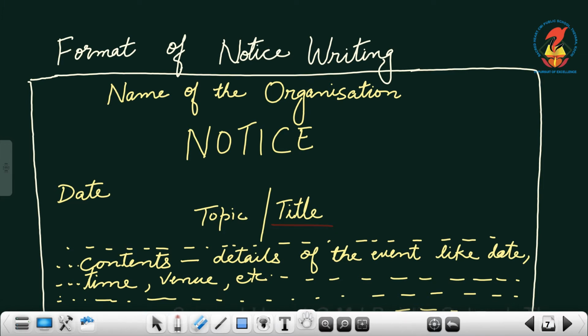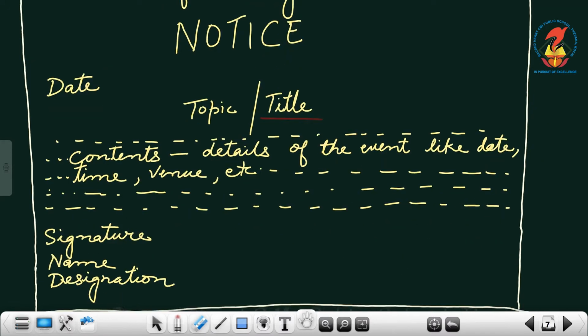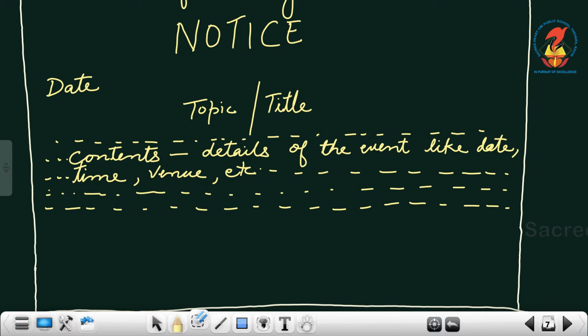Okay. After the topic, you write the contents. The contents include all the details of the events, which includes date, time, venue and any additional information if you want to give. Okay.